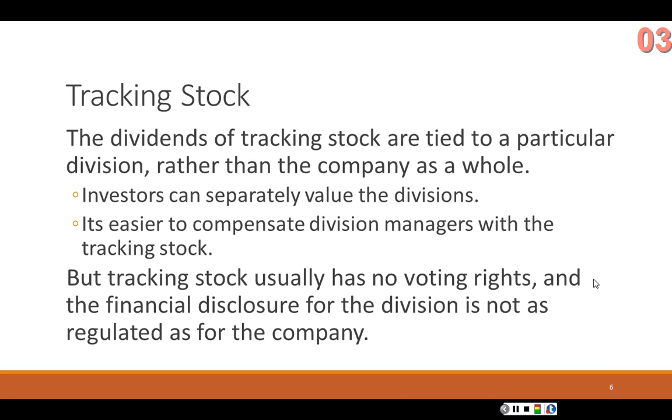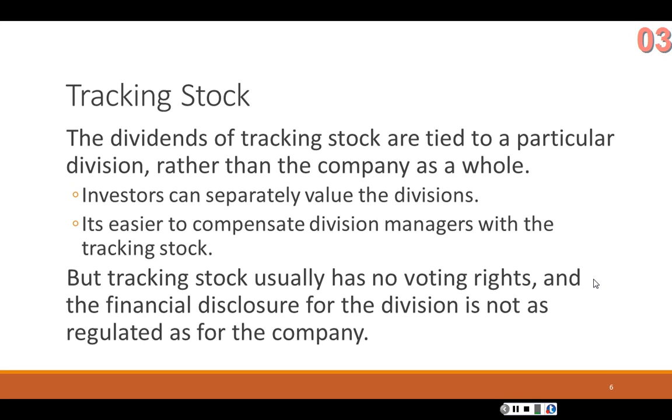Tracking stock allows one to separate cash flows to allow separate valuations based on different parts of a company. So the dividends of tracking stock are tied to a particular division rather than the company as a whole. Investors can separately value each of the divisions.